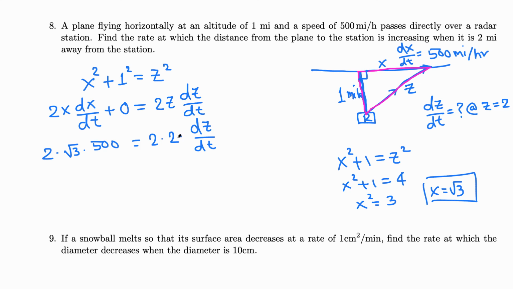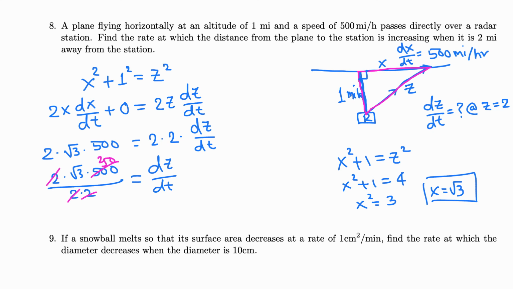Okay, 2 times 2, 4, and we have something, divide both sides by 4. So 2 times root 3 times 500 divided by 4, 2 times 2 equals dg over dt. Now we can simplify the left hand side. 2 goes into 4 twice, so 250.